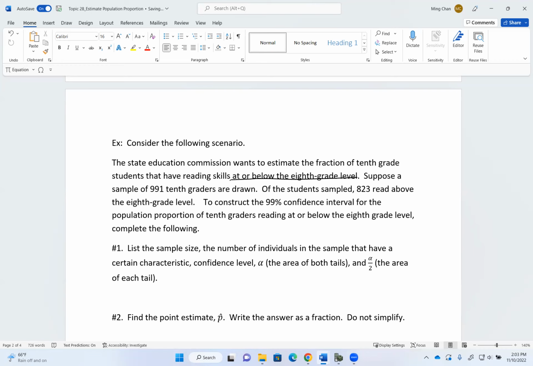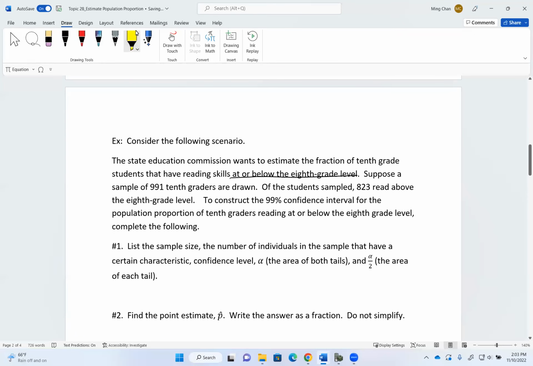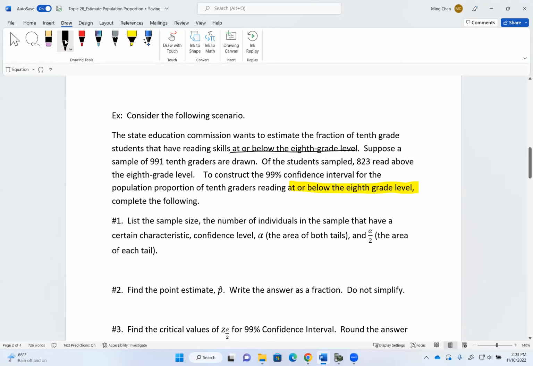So we want to construct a 99% confidence interval for the population proportion of 10th graders reading at or below the 8th grade level. All right, so list the sample size. Okay, sample size, we drew 991 samples. Of the 991, 823 read above. The number of individuals in the sample that have a certain characteristic is referring to what the question is asking, the number of students reading at or below.